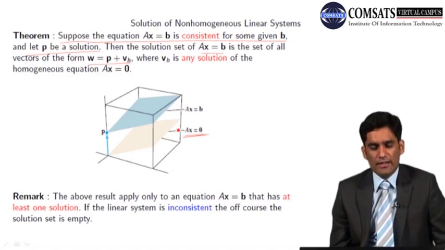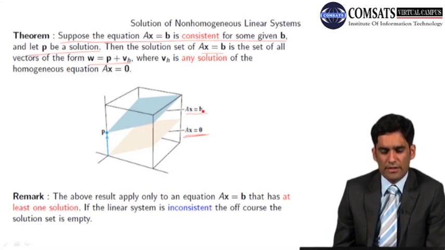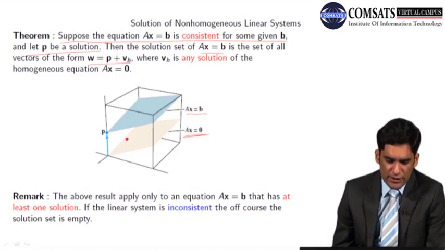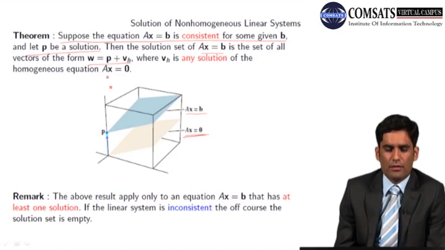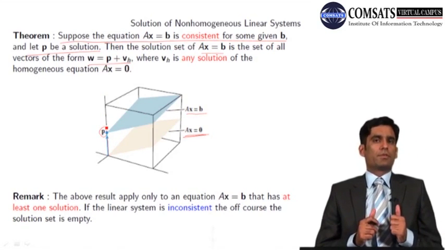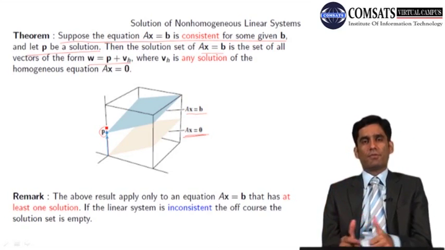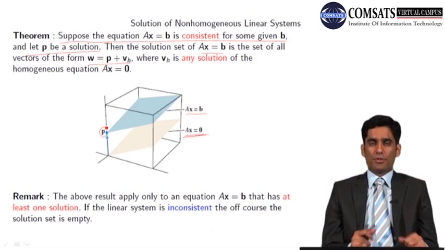And the blue plane is the solution of the non-homogeneous linear system, and you can say that it is just this plane translated by a vector p. It's just a translation. So if a non-homogeneous system of linear equations has a unique solution, then the homogeneous system will have only the zero solution.